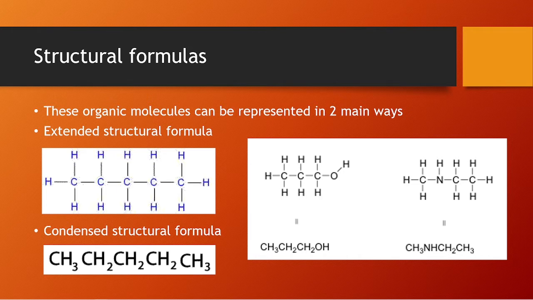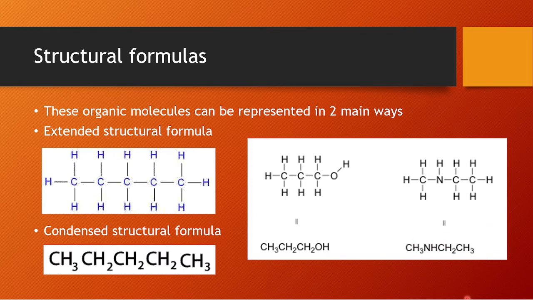So in this case, you've got an alcohol group, and we've got an alcohol group coming off of here, and you can see it's just put on the end here. Whereas in this condensed structural formula here, the nitrogen is between the first carbon and the second carbon. So it's been put in that same spot here.